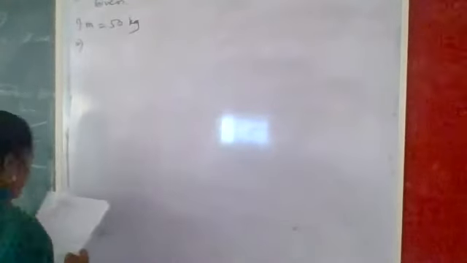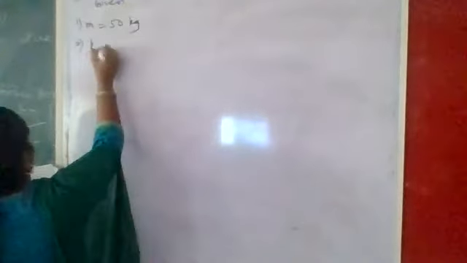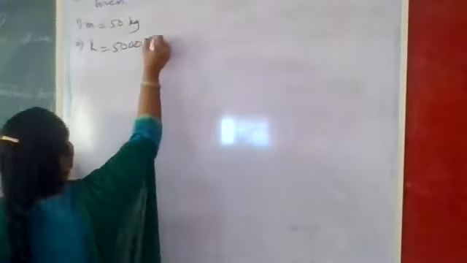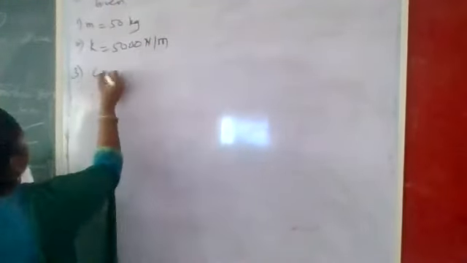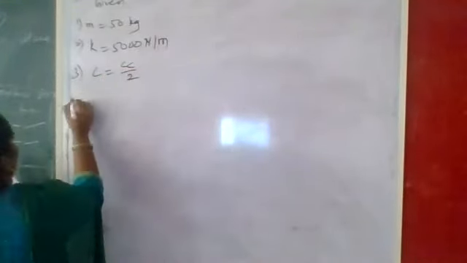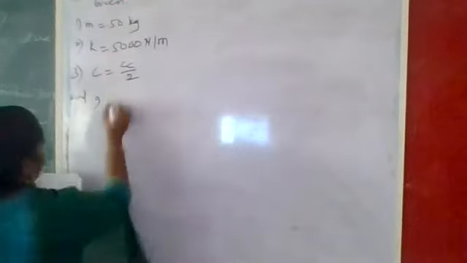Second, with respect to k, it is given, k कितनी है बघा, that is 5000 Newton per meter. And third condition they have given as C is equal to CC by 2. First we have to calculate the CC value.